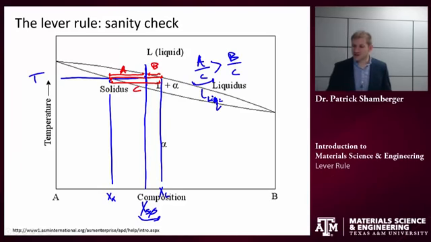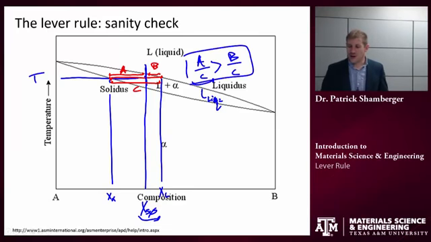So I would call this a sanity check, right? Look at the system. See if the ratios that you're calculating make sense. If I'm calculating fractions, they should always be between 0 and 1. And whichever phase I expect there to be more of, in this case liquid, that one is tied to A over C, which is a larger fraction than B over C.